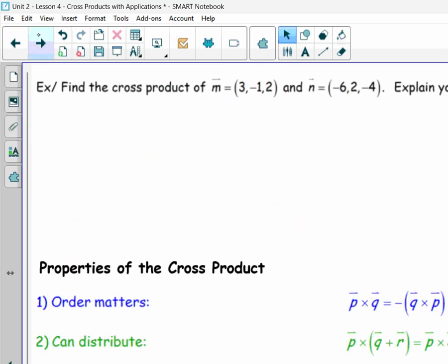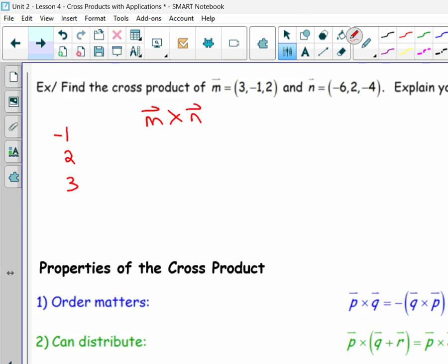Okay, let's do some problems. Okay, find the cross product of these two vectors for me if you would. Let's see what happens. Explain our answers. So no tricks here. I just want you to do M cross N. -1, 2, 3, and -1. 2, -4, -6, and 2. Okay.